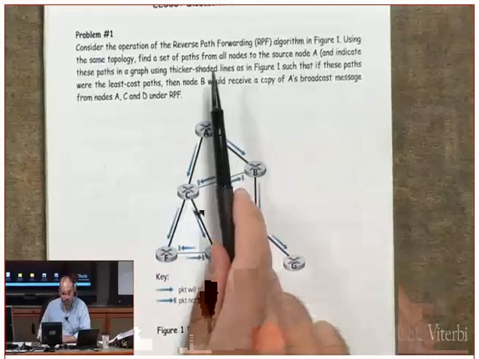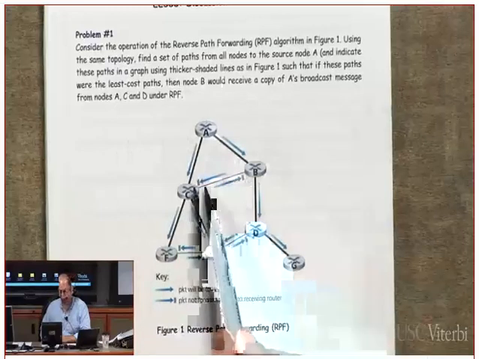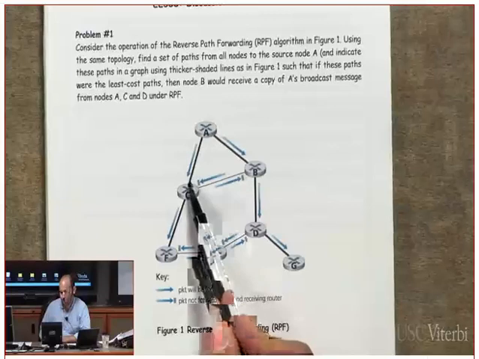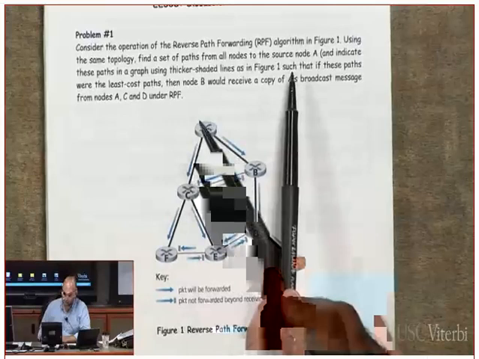So, paths in a graph from all nodes to the source, right? So we want to find a path structure over here that gives this outcome when we apply RPF, which means that B receives the packet from A, from C, and from D. Clear what we're trying to find?